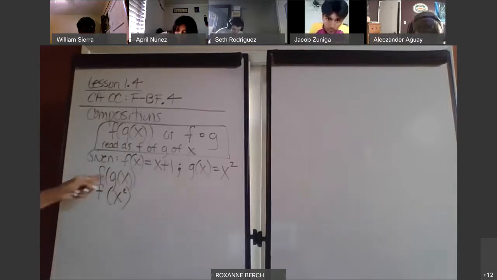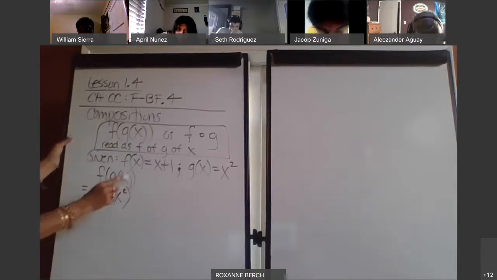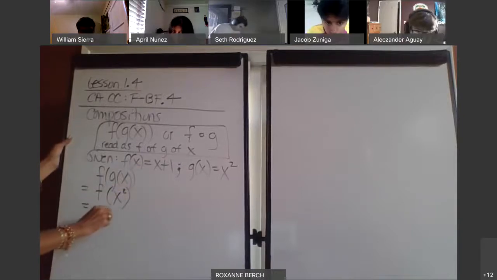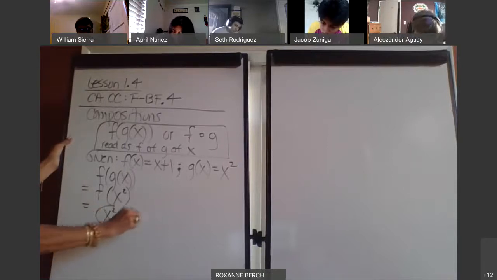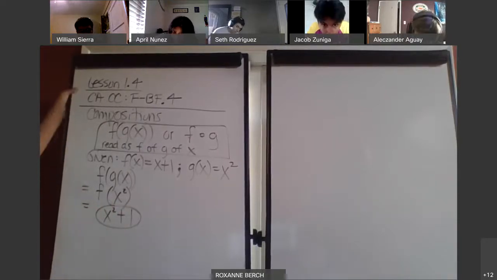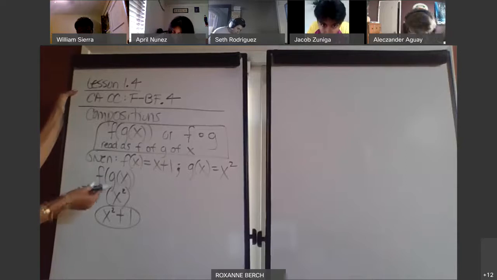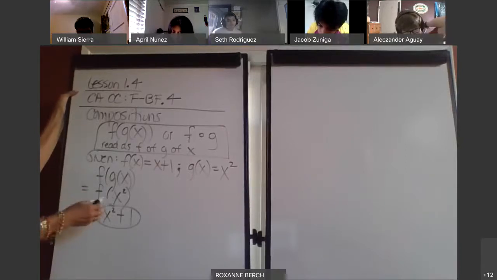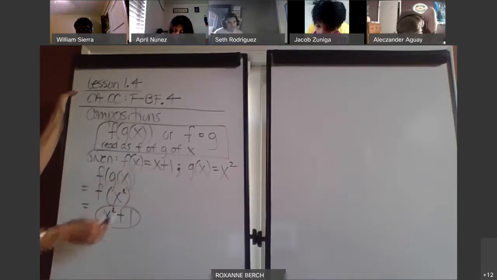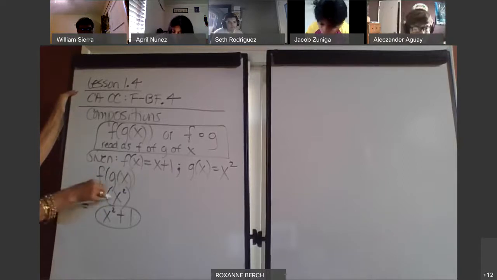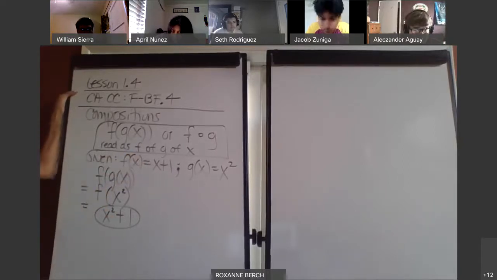So now this is f of x. So now we're working with the f function, which is something plus 1, and the something now is x squared. So basically, you put in the g function. This becomes the x of the f function, and now you're putting that thing in for x in the f function.